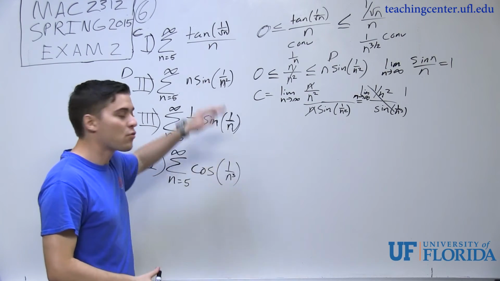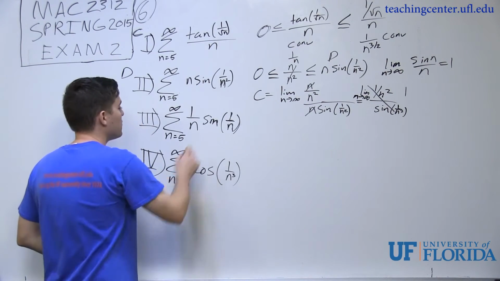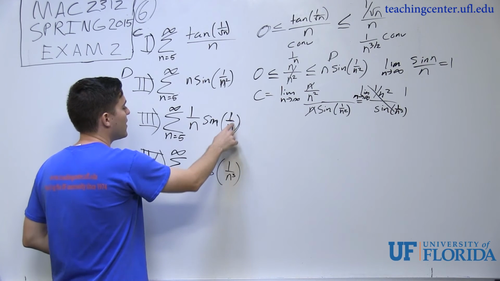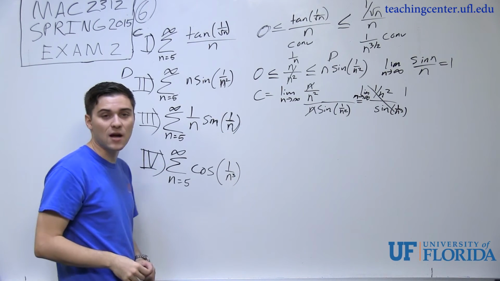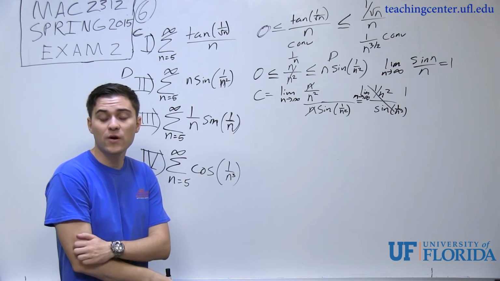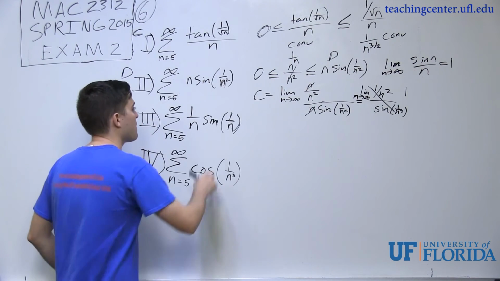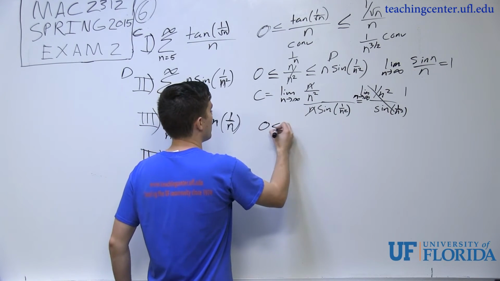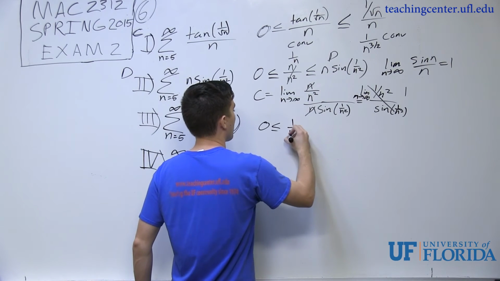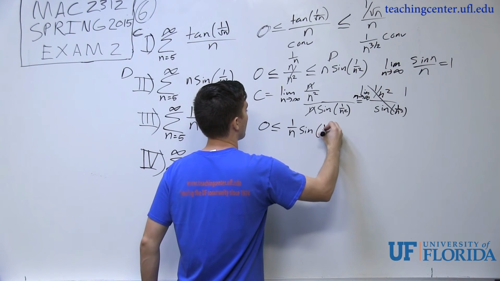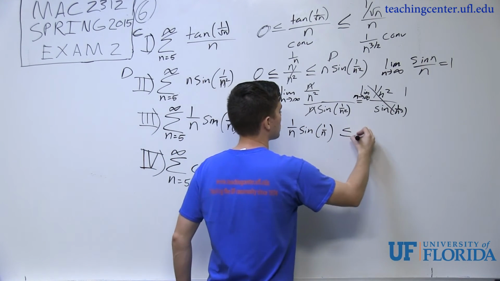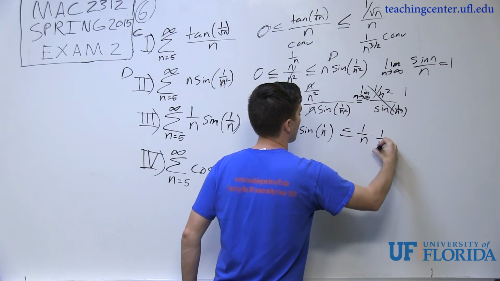Number 3, same process as the first two. All I'm going to do is compare it to something. I have 1 over n, and I have a 1 over n inside of my sine, so I'm going to try to compare it to 1 over n squared and see if I can get convergence out of it. So, in this case, 0 is less than 1 over n sine of 1 over n, which is less than or equal to 1 over n times 1 over n.